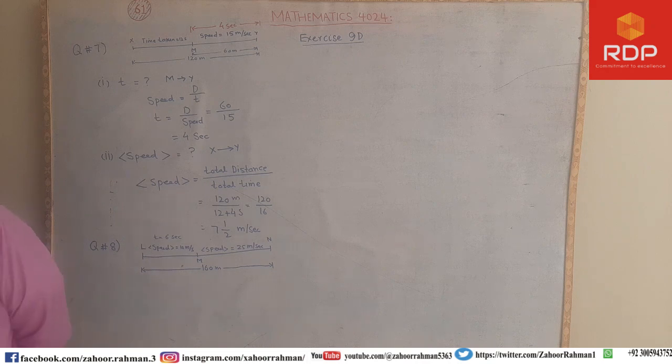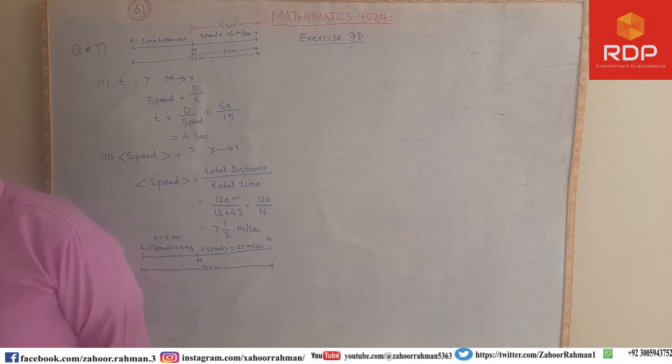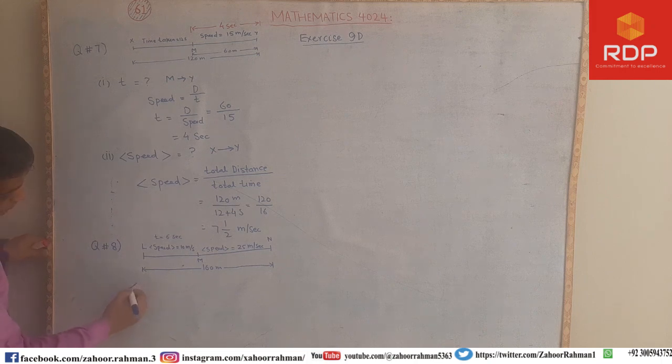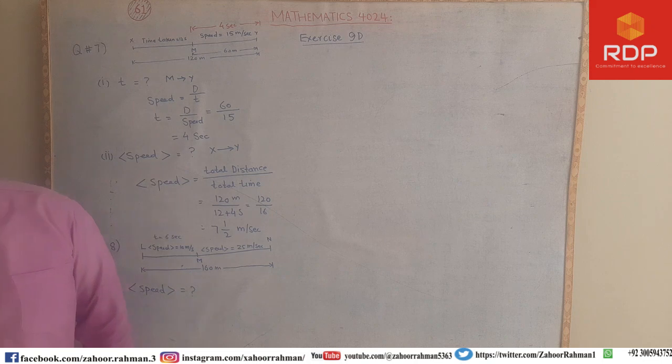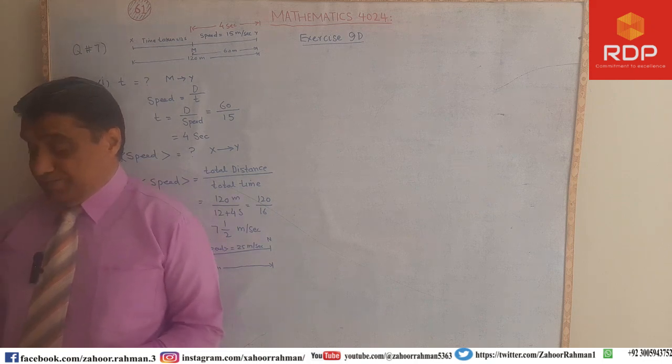Now they want us to find the average speed of the object for its entire journey, from L to N.